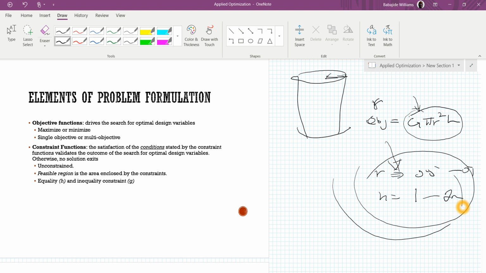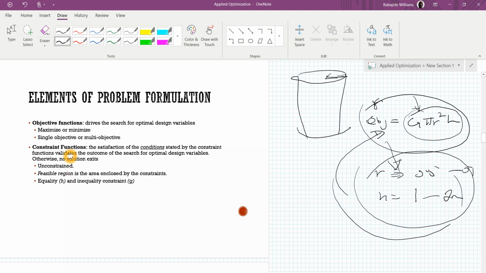This is worthy of note. It's important that we understand this, because it is these constraint functions that validate the objective function, right? Validates it.